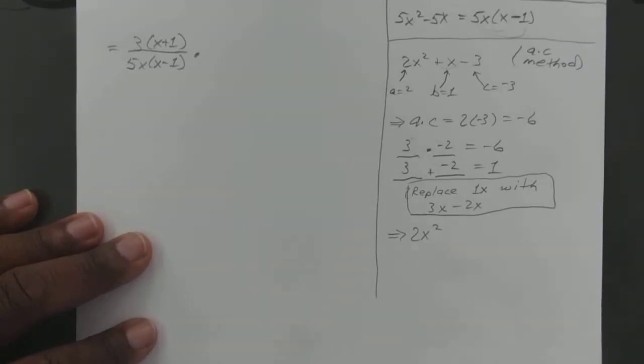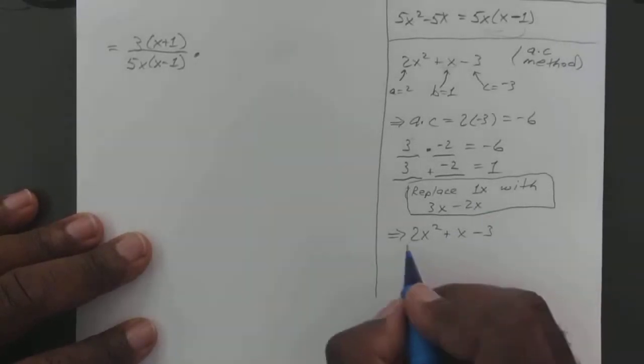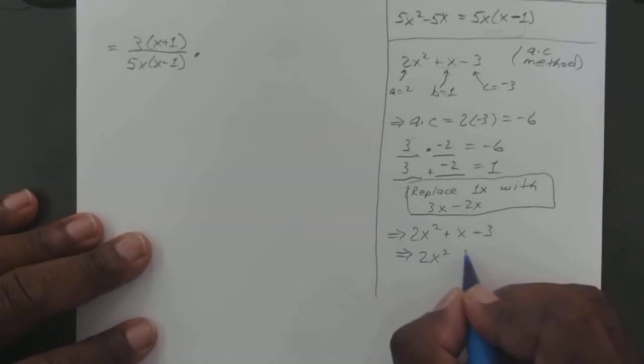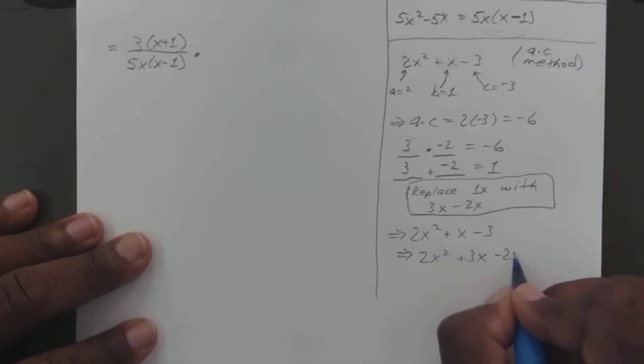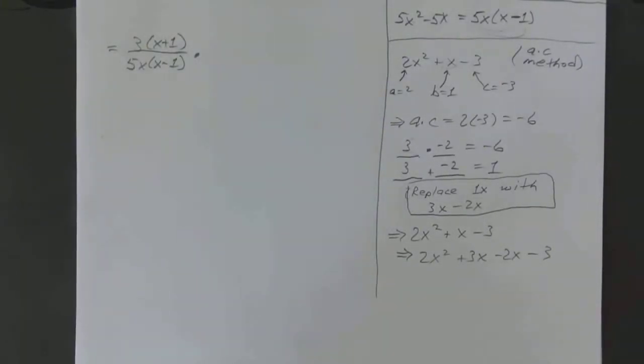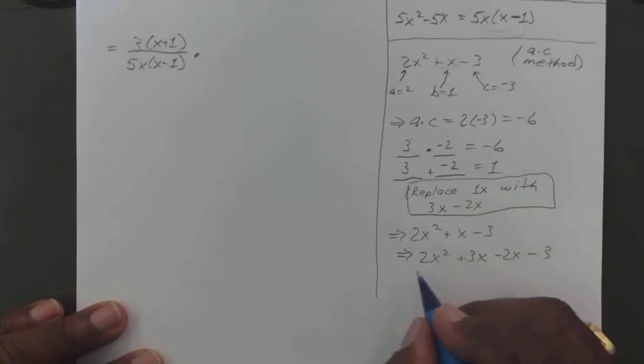So our 2x squared plus x minus 3 will now become 2x squared plus 3x minus 2x minus 3. And then we just factor by grouping once we get there.